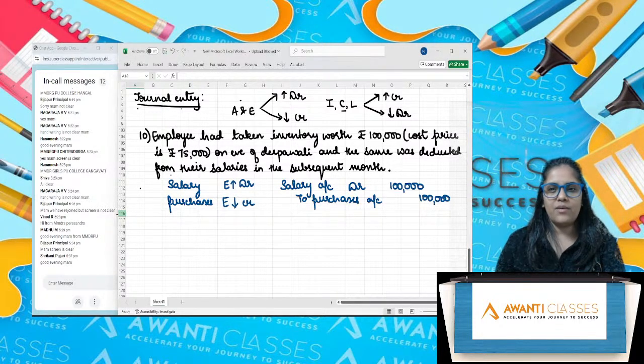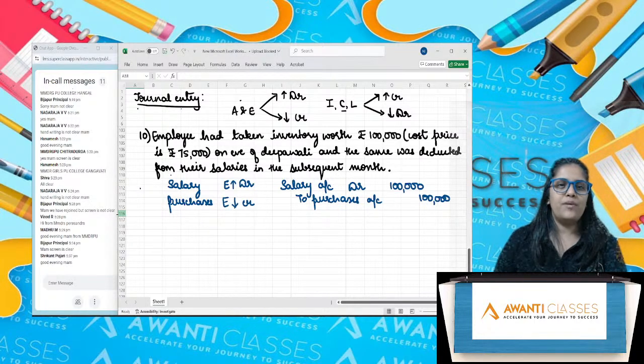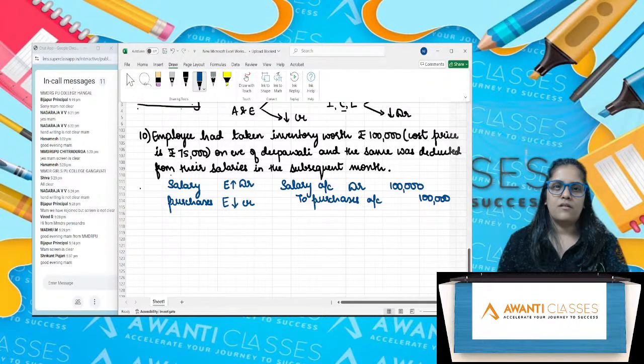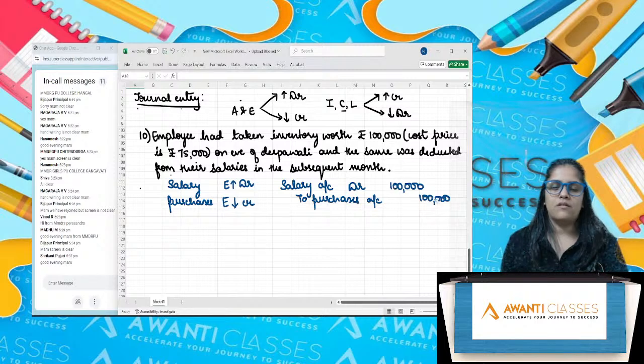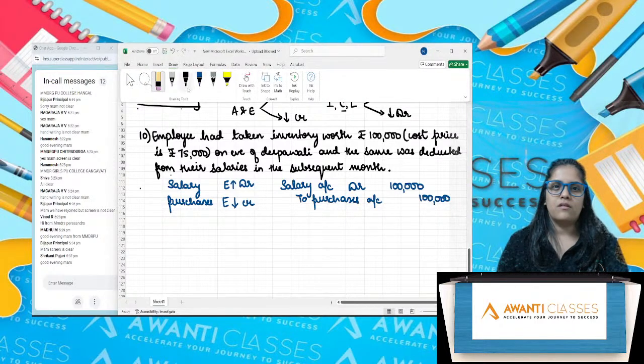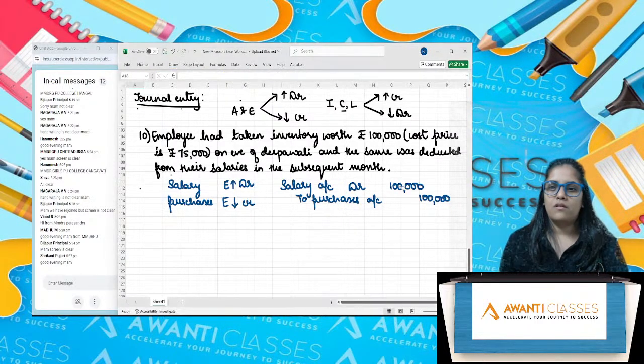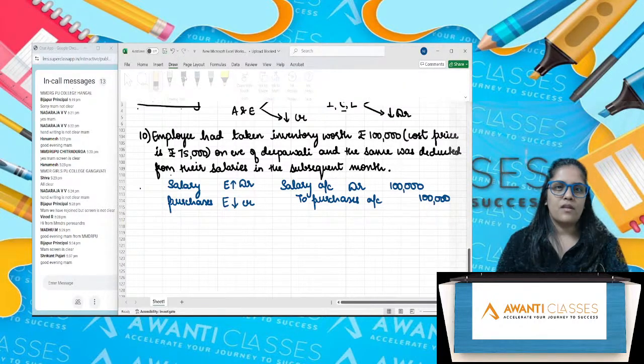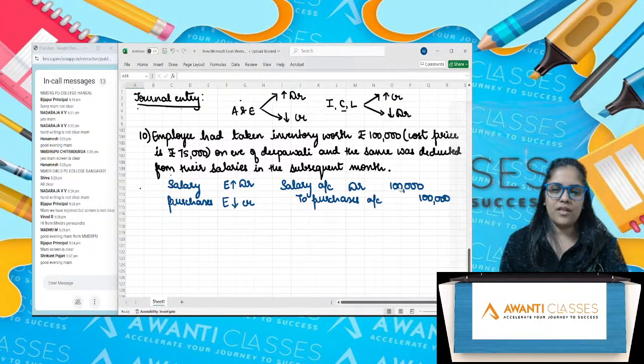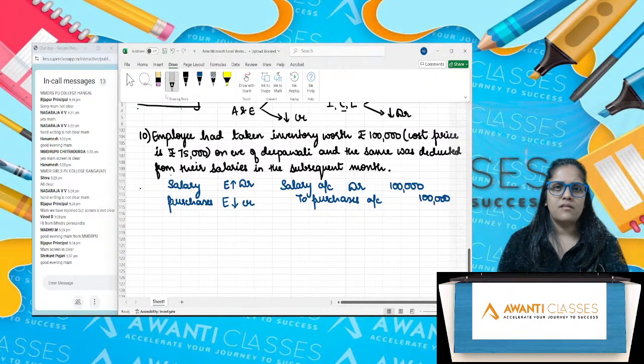Can anybody in the class tell me that the goods, when you credit it to purchases account, should it be recorded at cost price or selling price?